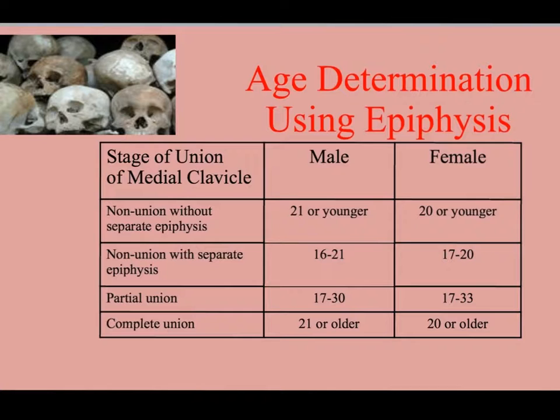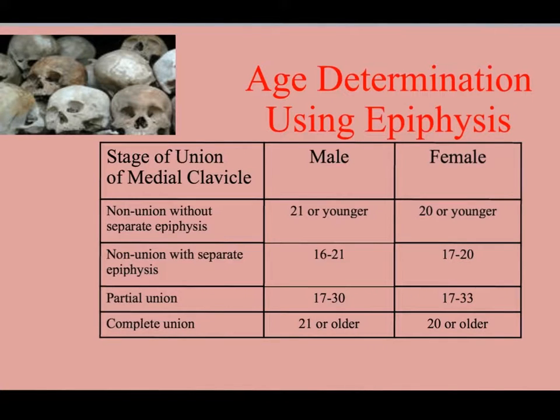If we were to use the growth plates, we would have to look at male versus female, and then we would look at, do we have any separation of the epiphyseal plates? If we have separation, this does still show that we have growth occurring. And so on males, it would be 21 or younger. Females, we would be looking at 20 or younger.